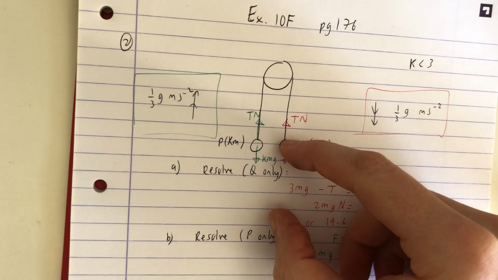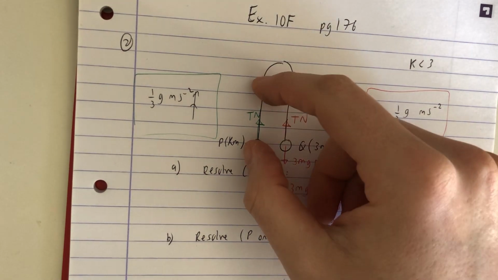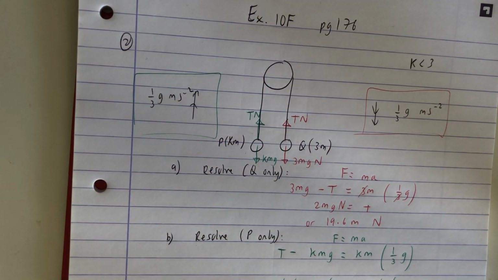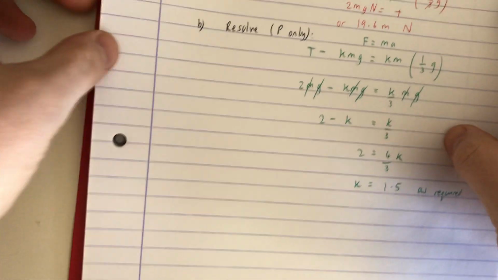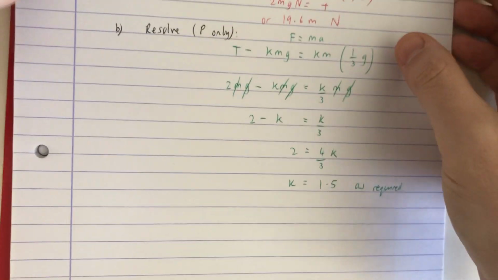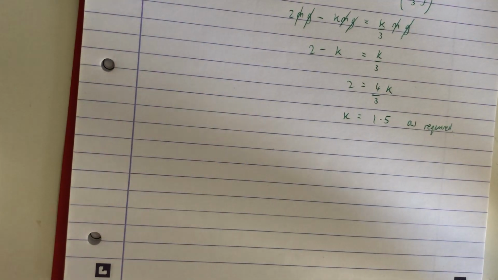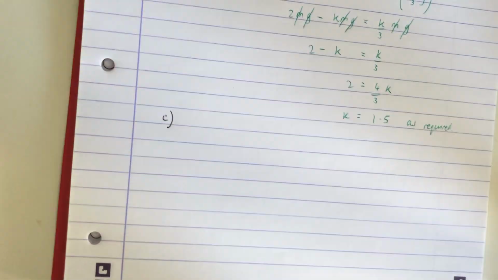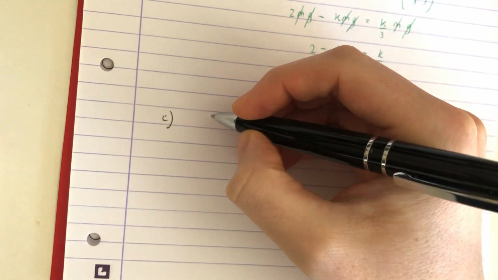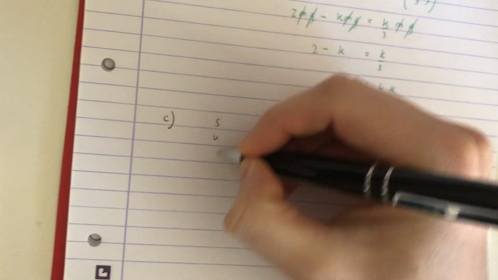Firstly, how far Q drops, and then how far P goes up after Q has dropped. Okay, so let's do that on Q.